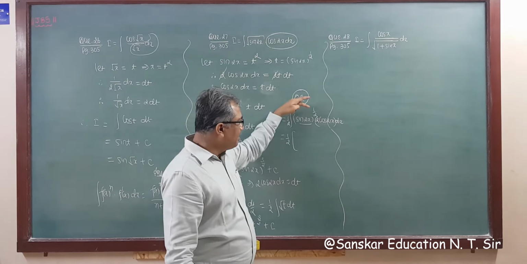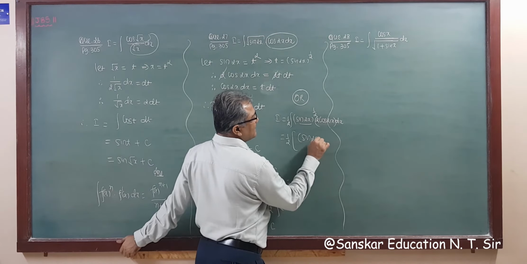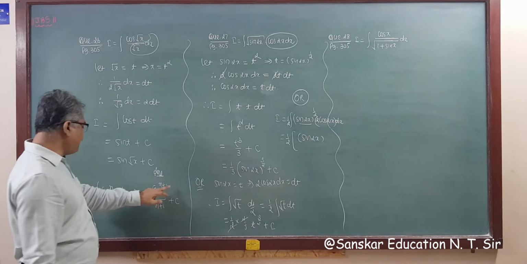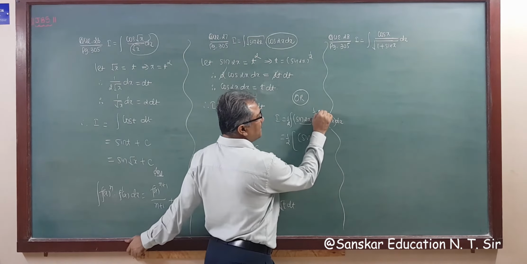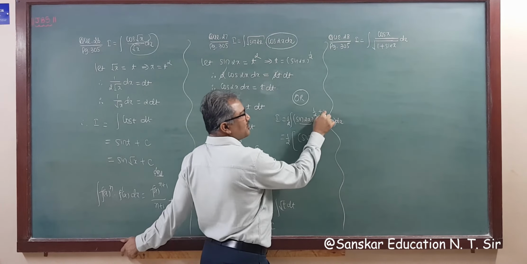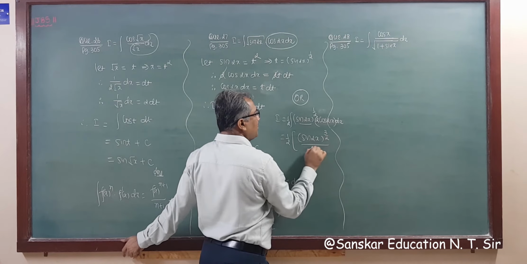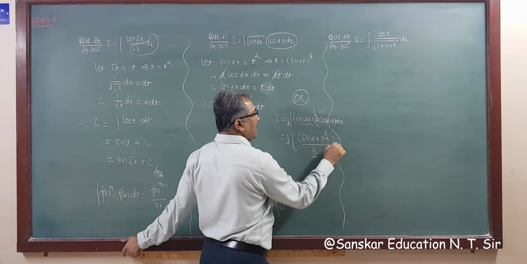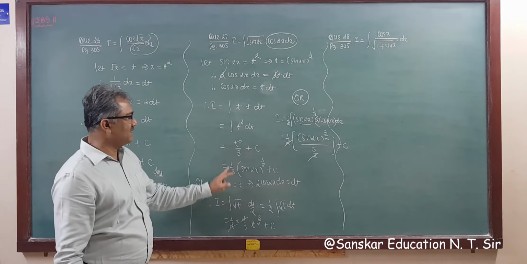Then the answer will be 1 power more, that is sine twice x raised to n plus 1. Here n is half, so half plus 1 is 3 by 2. So the answer will be 3 by 2 upon 3 by 2, right? And plus c. So this 2 will cut. You will get the same answer as this.